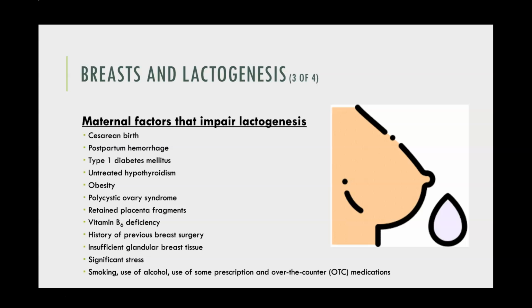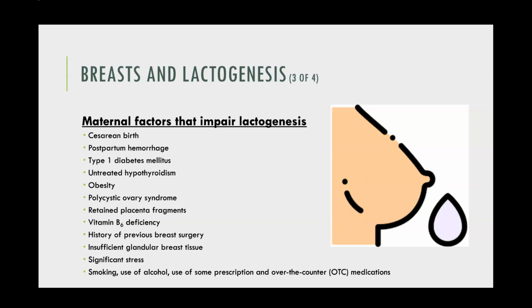Moms who've had breast surgery or who have insufficient glandular breast tissue. This does not mean that the mom has small breasts. It just means that she does not have a sufficient amount of glands to be able to create milk.